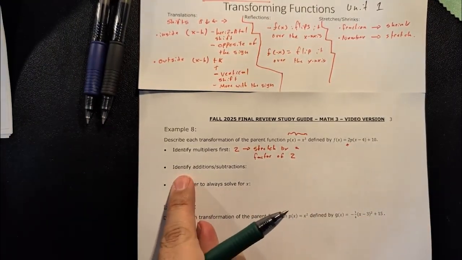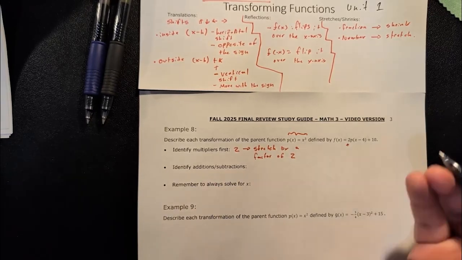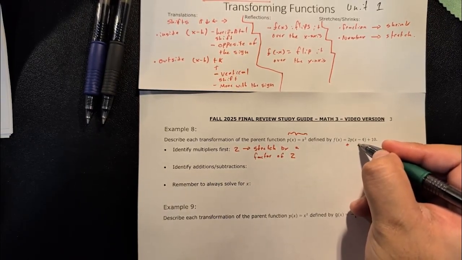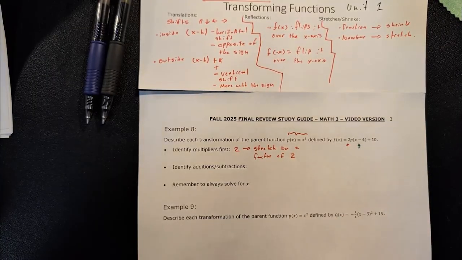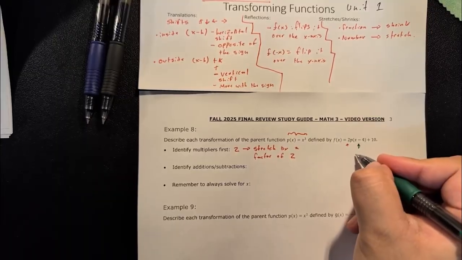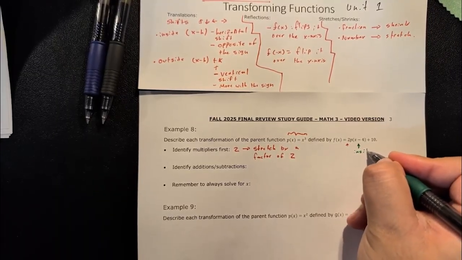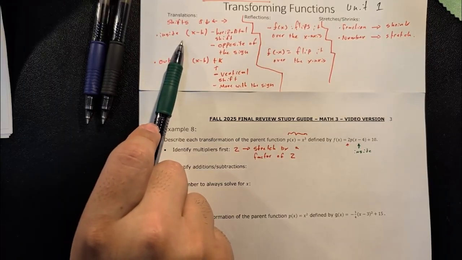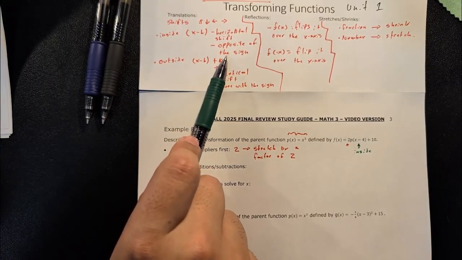Next, we want to identify additions and subtractions. So here, what is this doing? Well, it's inside. So which one is it going to be? It's going to be inside, and we're going to do the opposite of the sign.